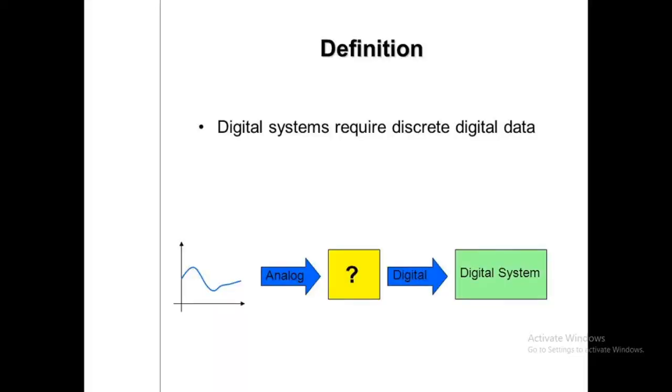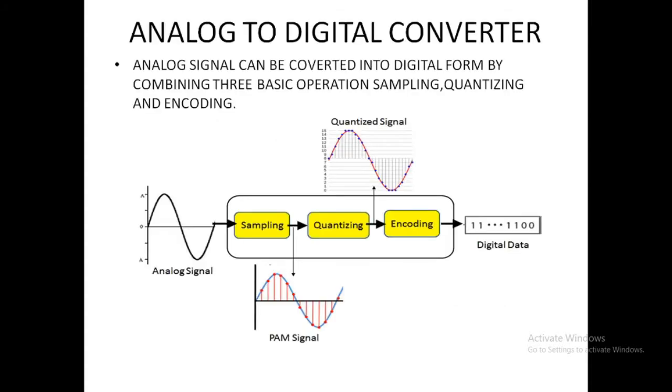Later, we have to convert the analog signal to a digital signal. So what is the equipment needed to convert the analog signal to a digital signal? Here we require an A to D converter, in short form, meaning analog to digital conversion.